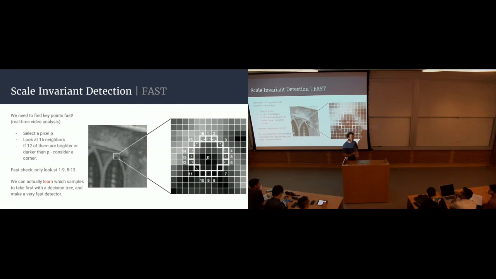There is RGB FAST that you could use in RGB. Really, most of these detectors work on grayscale, but it's not really grayscale. They work on the luminance that we talked about a couple of weeks ago. We said how most of the information in the image is contained in the luminance, the intensity. This is also how our eyes work. We can sense color, but most of the information is retained in the luminance.